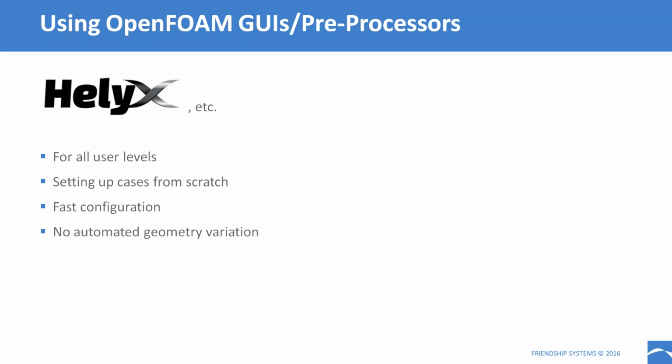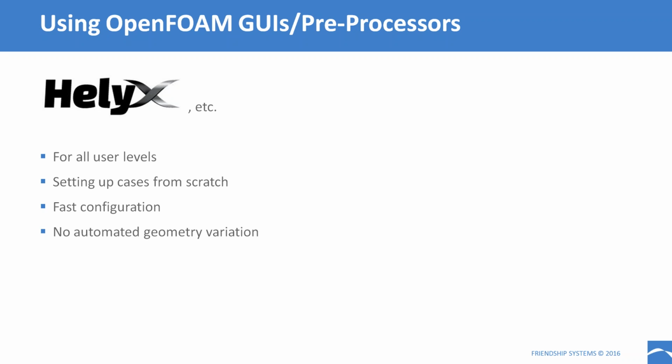So if we talk about graphical user interfaces for OpenFOAM, there are different kinds. And here I have as an example Helix, which I think is a popular user interface for OpenFOAM. It also has a free version available, but is mainly, let's say, a placeholder for other GUIs that have a similar approach. The idea here is that it can be used for all user levels, from beginners to experts.